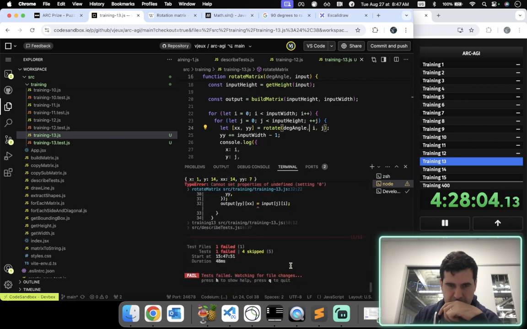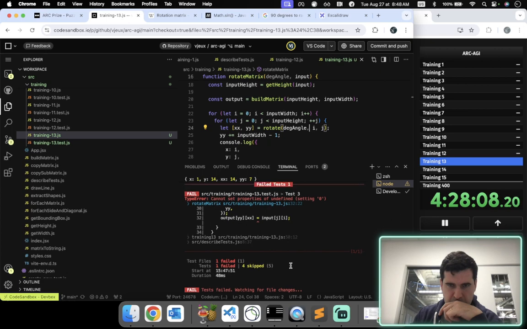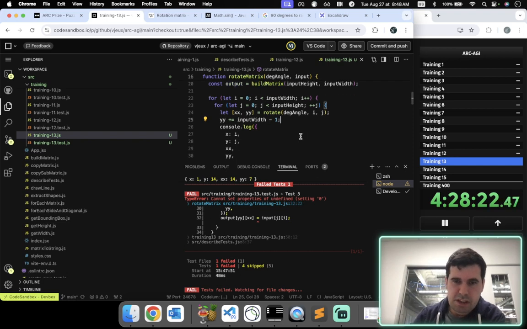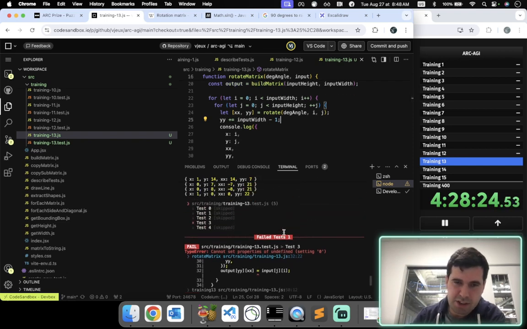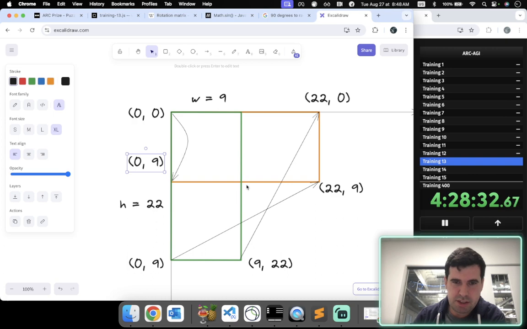Okay. Oh, I see. When I rotate in one angle, it's working. So I think it's working in one direction, but this one is not correct in the other direction. Okay.